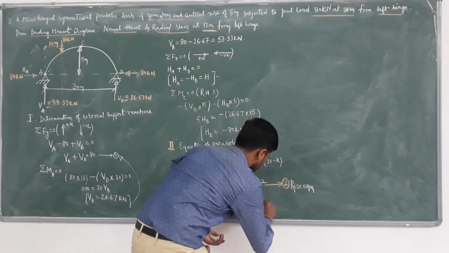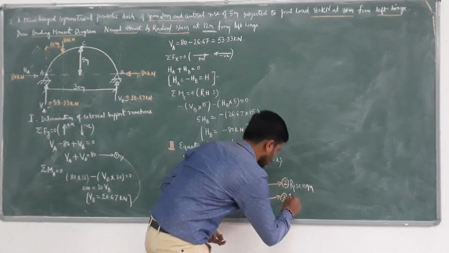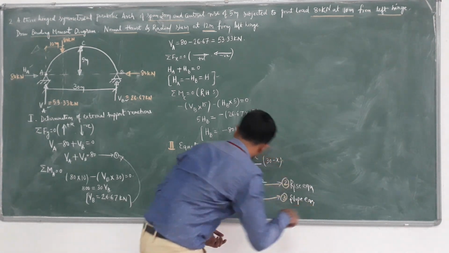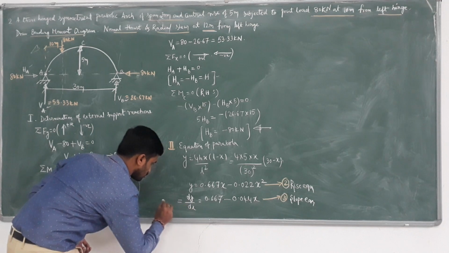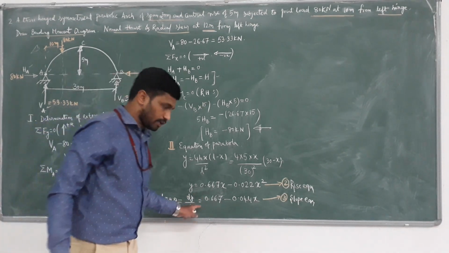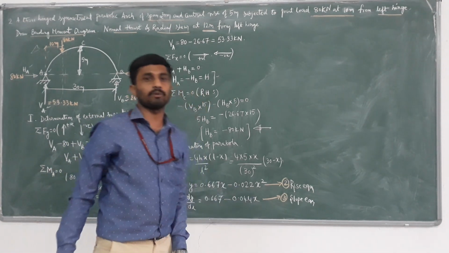This is equation number 3, called the slope equation. Slope is nothing but tan theta, tan theta equals dy by dx.